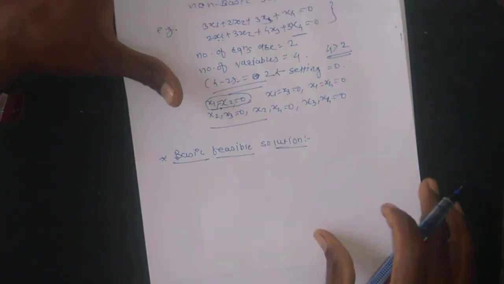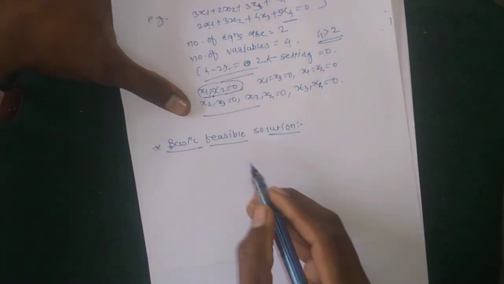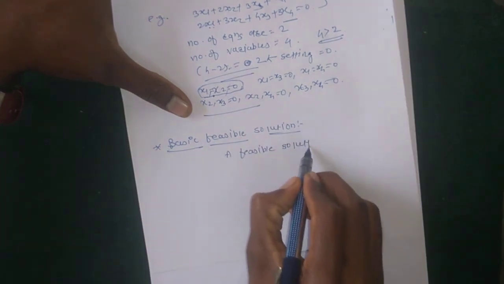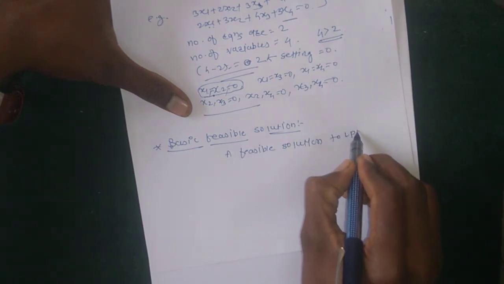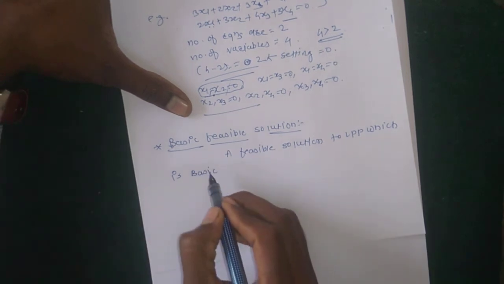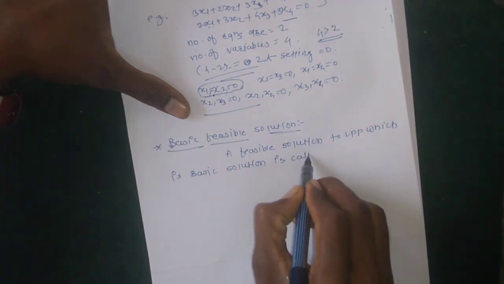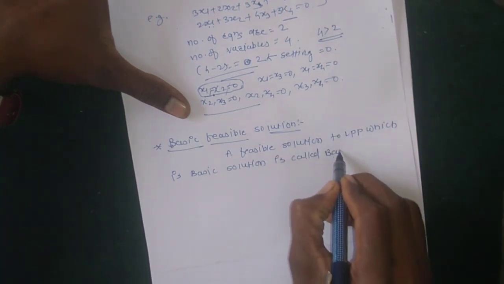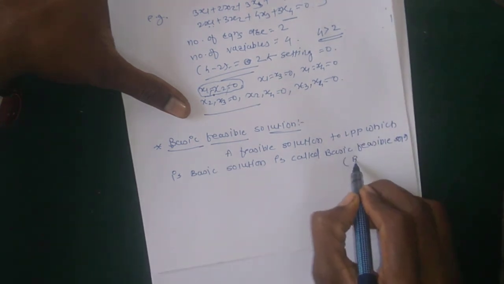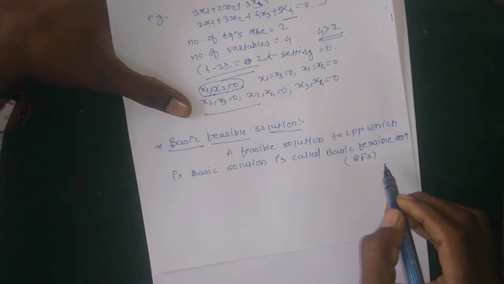A feasible solution to the LPP which is also a basic solution is called a basic feasible solution. Its short form is BFS. BFS means basic feasible solution.